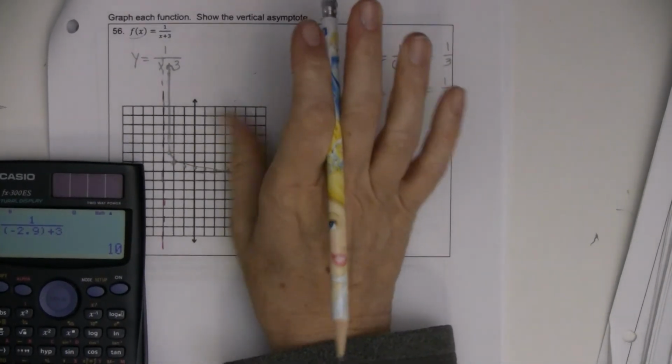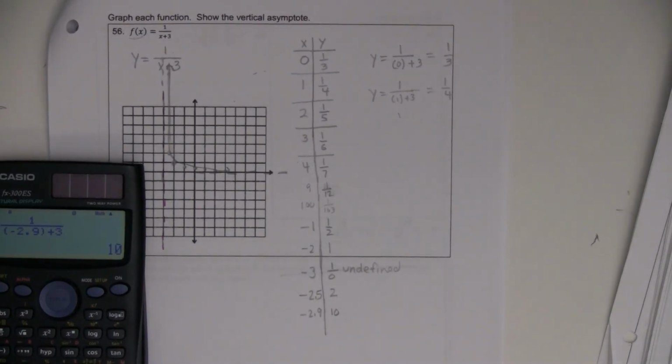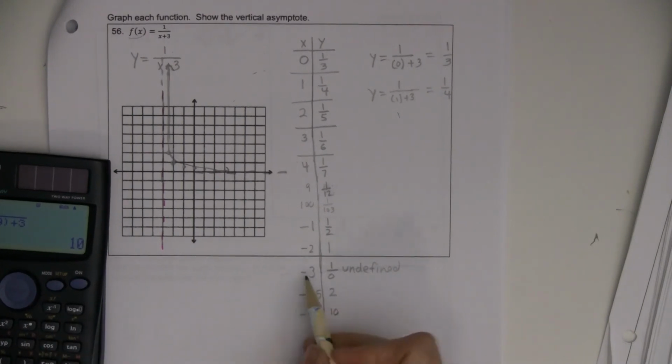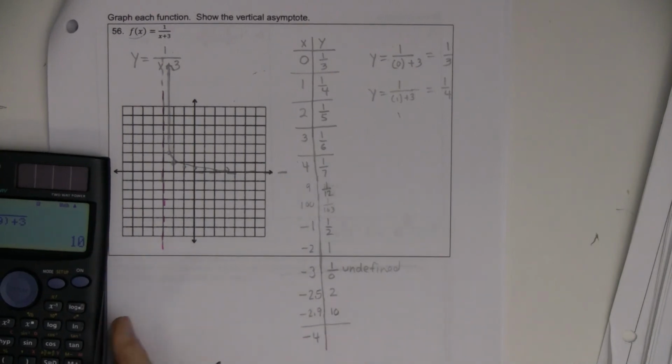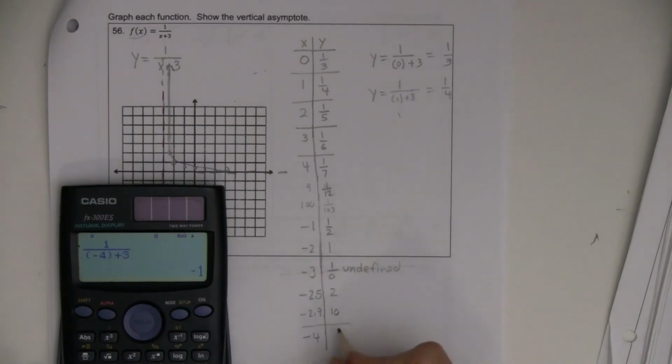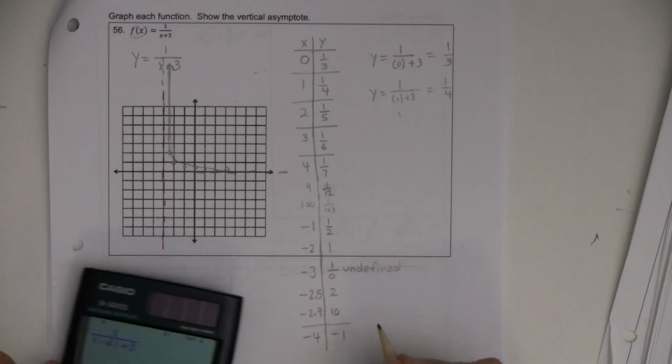This is how a rational expression would look. And now I want to look at the other side. So we said that it wasn't okay to pick -3, but how about -4? And now that I've got this on my calculator, I'll just start using it to do my values. So I get -1.